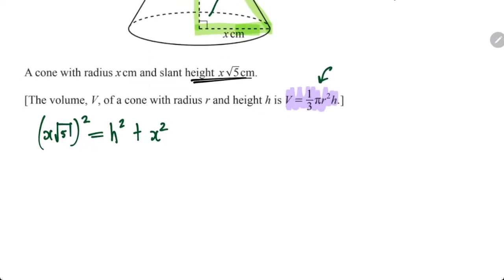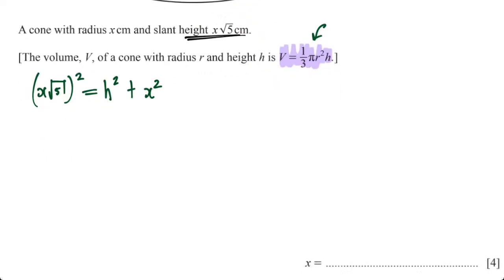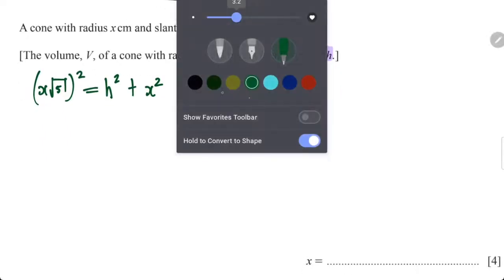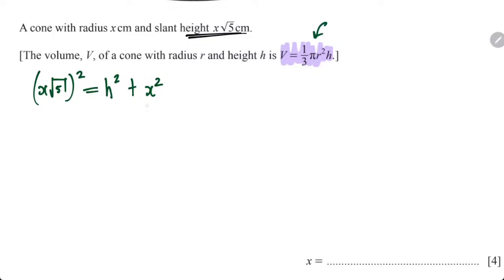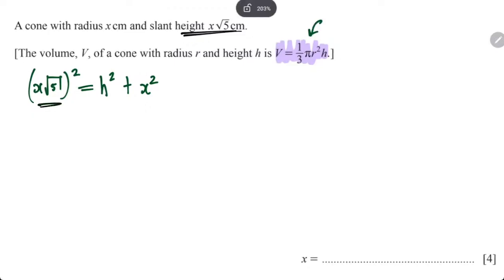So what we are going to then do, we first expand here. When you are squaring outside and your things are multiplying, you square them both. You square the x, it becomes x squared.